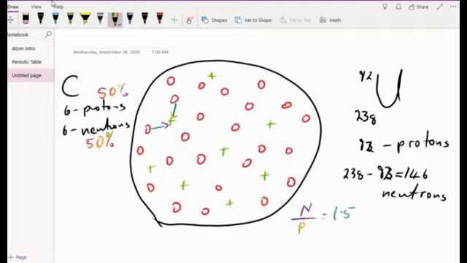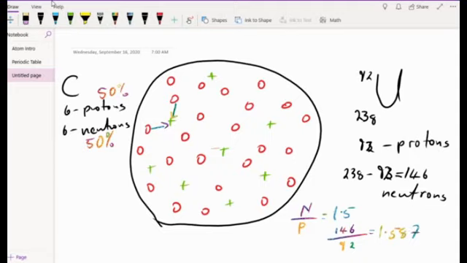So the neutron-proton ratio for uranium is going to be 146 divided by 92, which is 1.587.